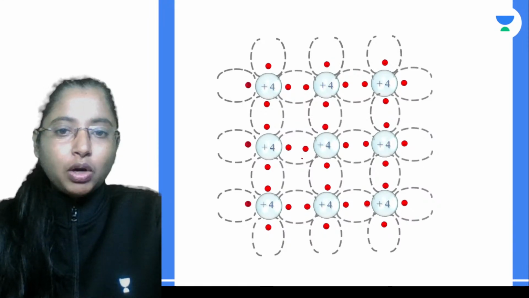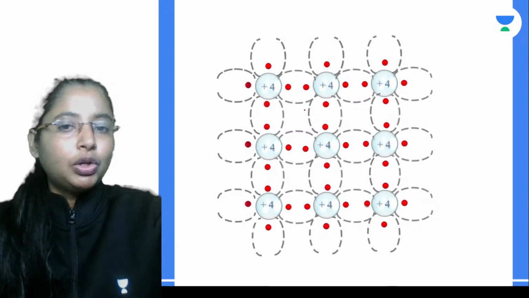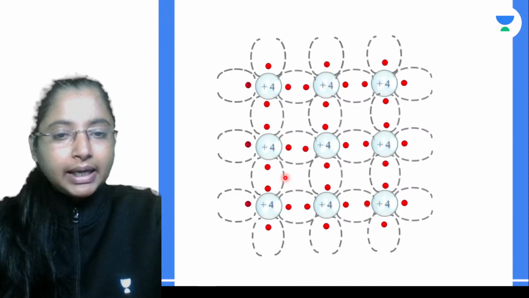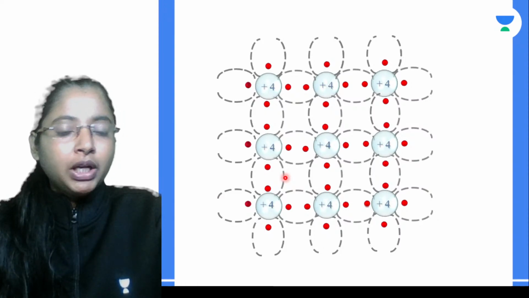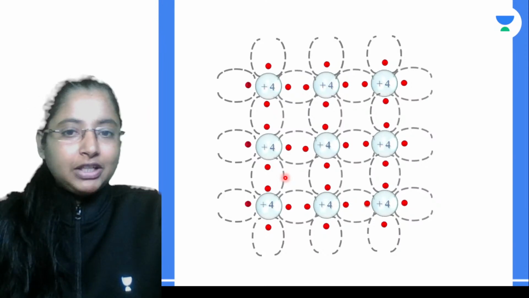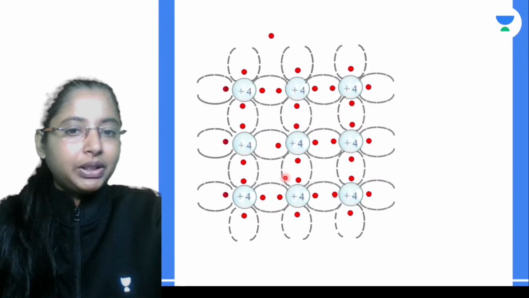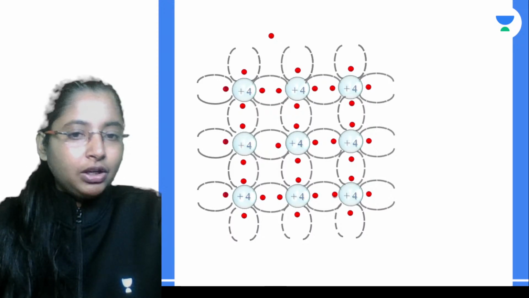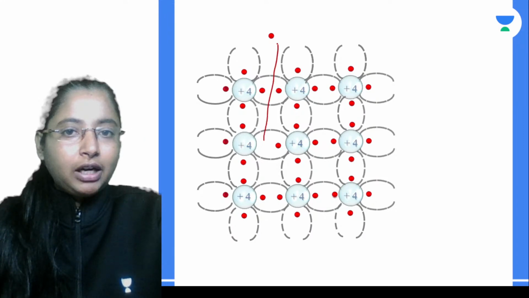Now, if you want to remove the electrons from this atom, what do we do? Very simple: two ways. Apply an electric field, or increase the temperature. Because of thermal agitation, as the temperature increases, one electron can get thermally excited.